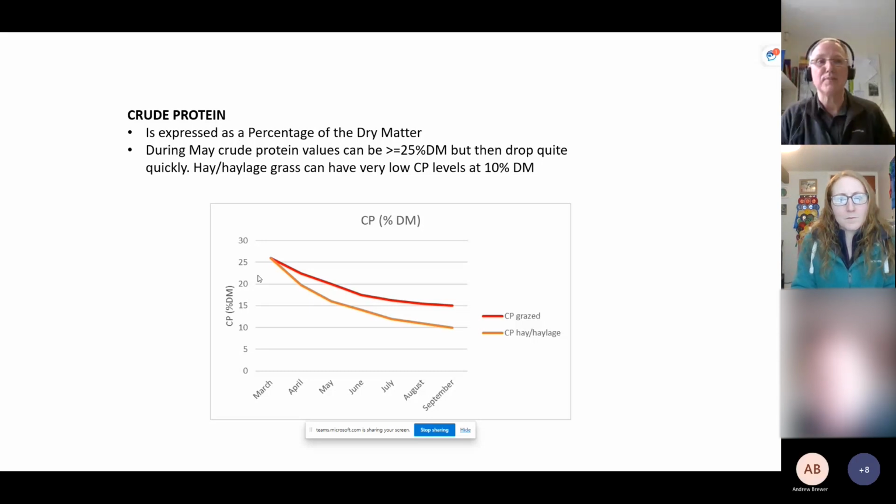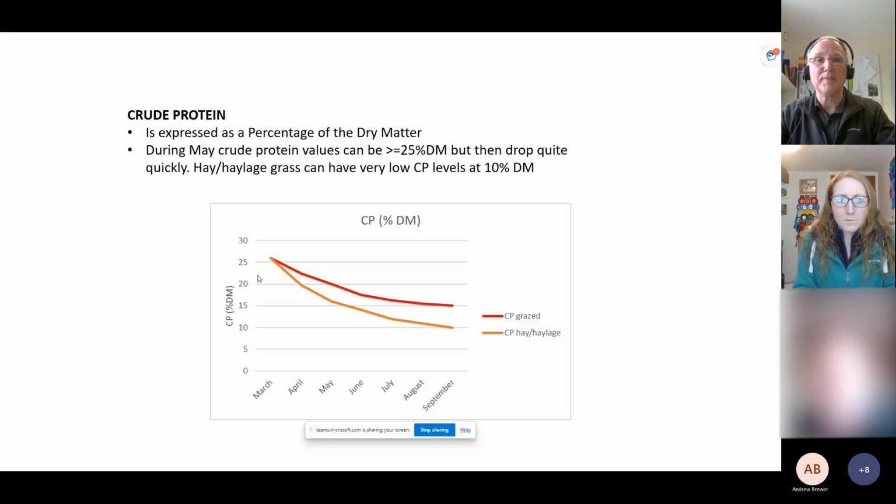And as I say, during May, crude protein values can be greater than or equal to 25% of dry matter, but can drop quickly. And you have the worst case scenario, or the extreme, in hay or haylage, where the crude protein can go down to less than or around 10%.